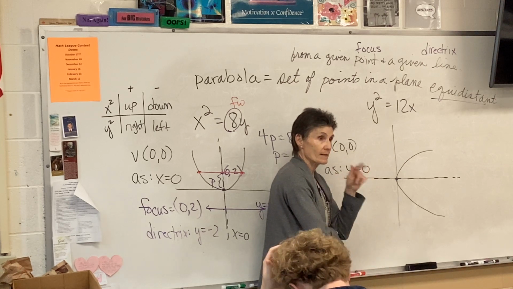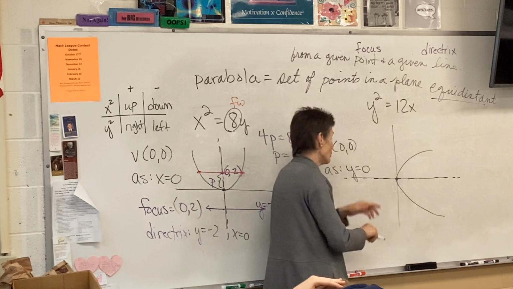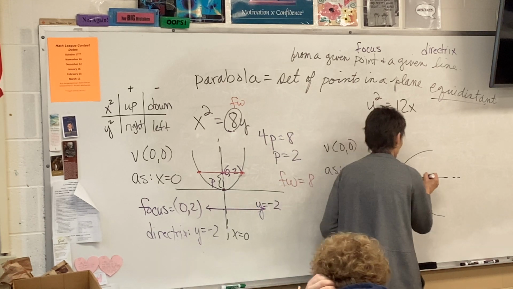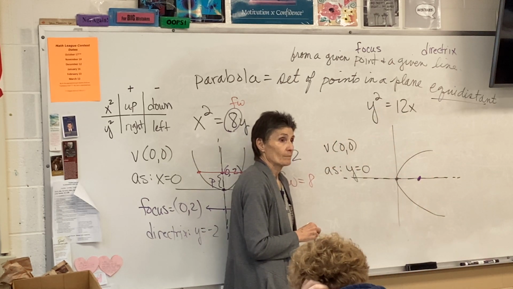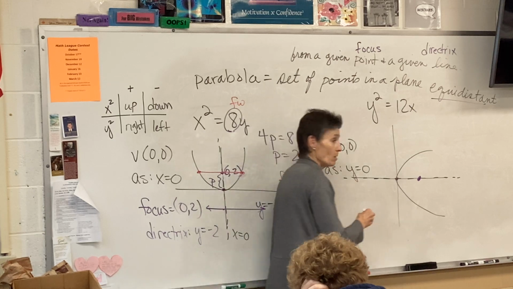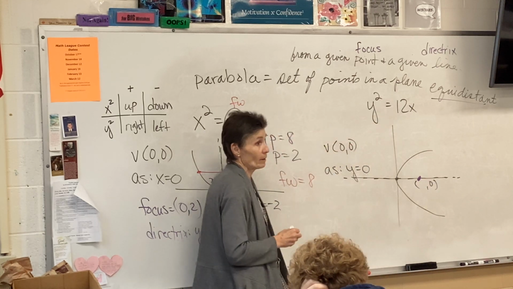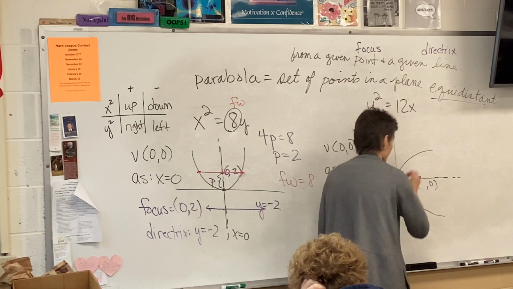Where does it cross? At 0. Y equals 0. Your focus is in here somewhere. I don't know where, it's in there somewhere. I know that y has to be 0 for that point. But now I need to figure out how far this is.